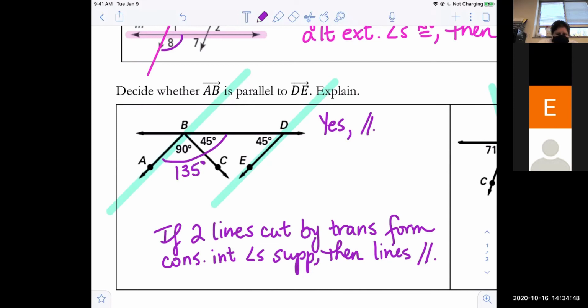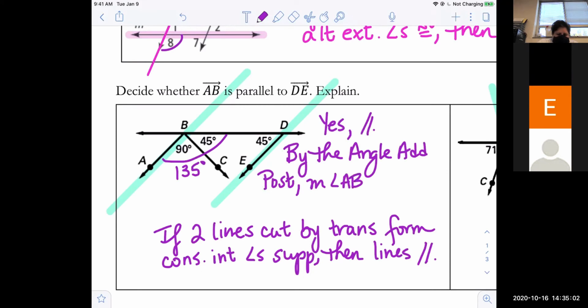Okay, so by the angle addition postulate, measure of angle ABD is 135.